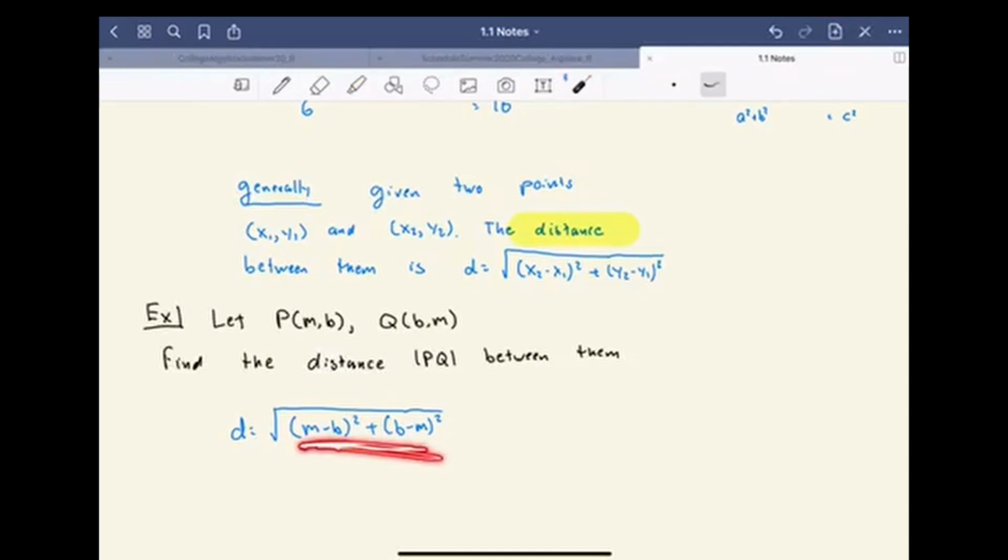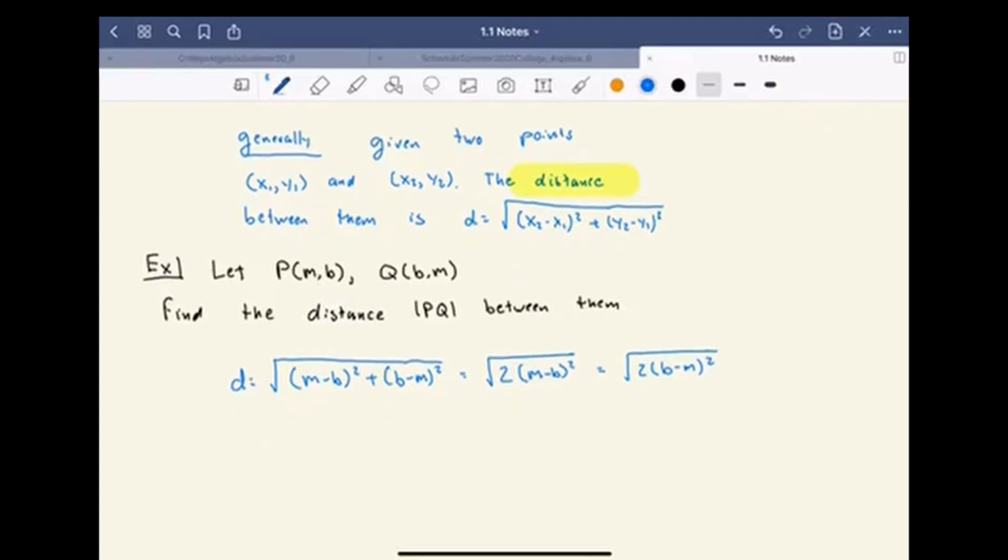When you square M minus B, you get the same thing as when you square B minus M. So you're going to get, under the square root, 2 times (M minus B) squared, or, if you like, 2 times (B minus M) squared. They're going to be the same thing.